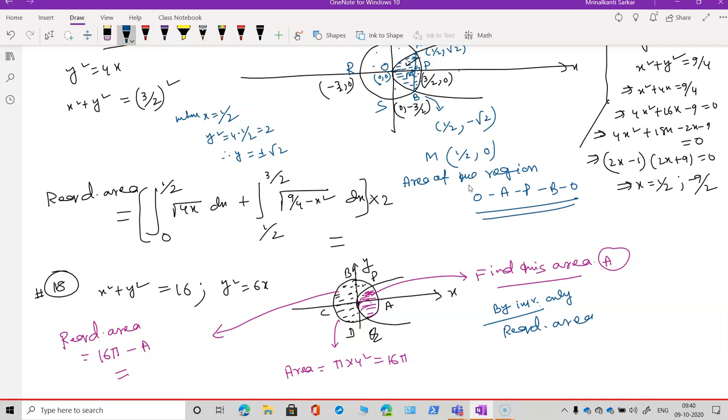Required area is equal to, see this point is 4, 0. So there it will be minus 4 to 4 circle y dx minus A. You'll find this area A by solving these 2 points. Then by integration you'll get it and then do.